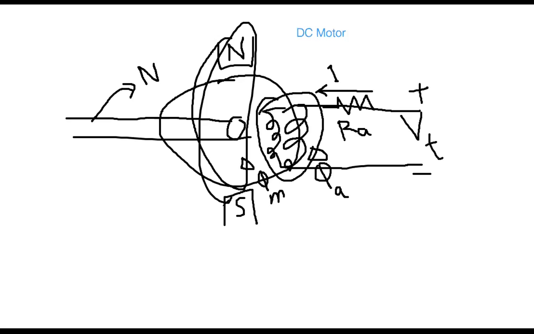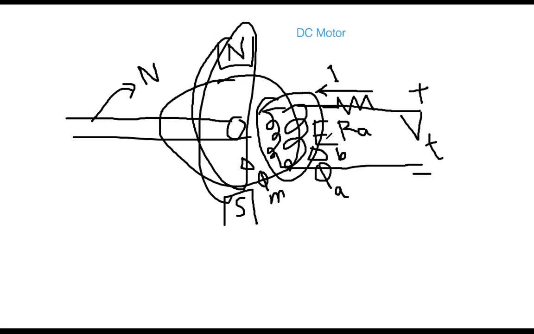So because there is now relative motion between the coils and the magnetic field, a voltage will build up on the coils, which is called the back voltage, and I will define it by the symbol EB. After the shaft starts rotating, the voltage built up on the armature coils is EB, the back voltage.